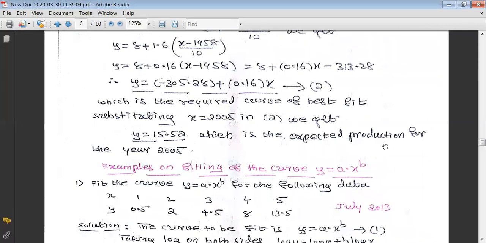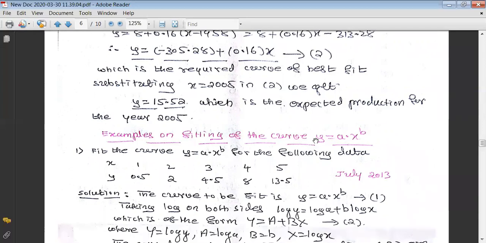And for this problem, we are supposed to calculate the production for the year 2005. Therefore, in equation 2, wherever small x is there, if we take 2005, it calculates y equal to 15.52 as the expected production for the year 2005.